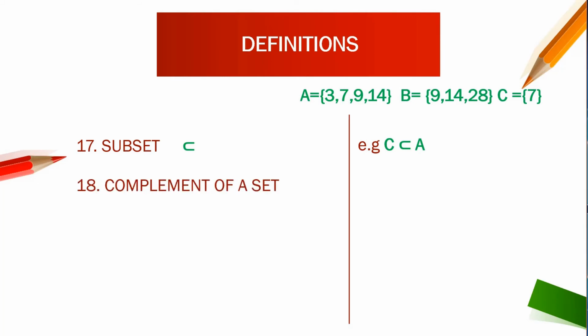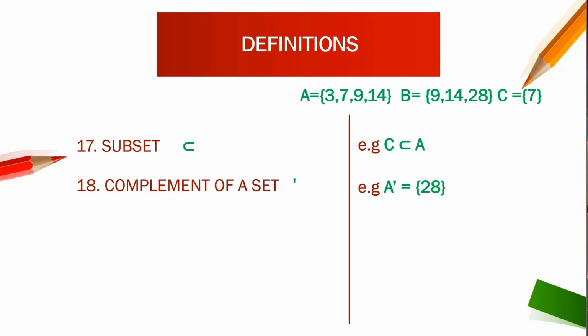Our next definition is complement of a set. Complement of a set is represented by an apostrophe. And a complement of a set describes all the elements that are not in the set. So for example, A complement would be equal to 28, because all the elements that are not in A would only be 28.